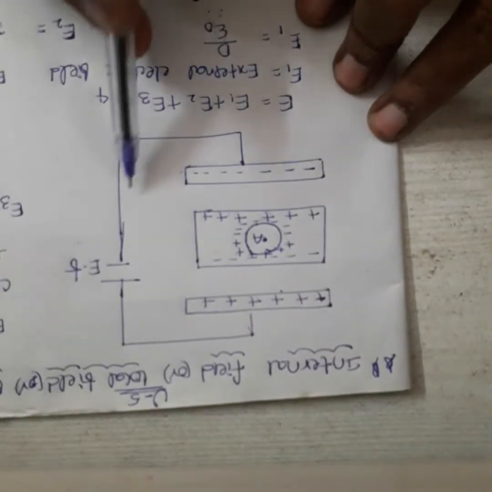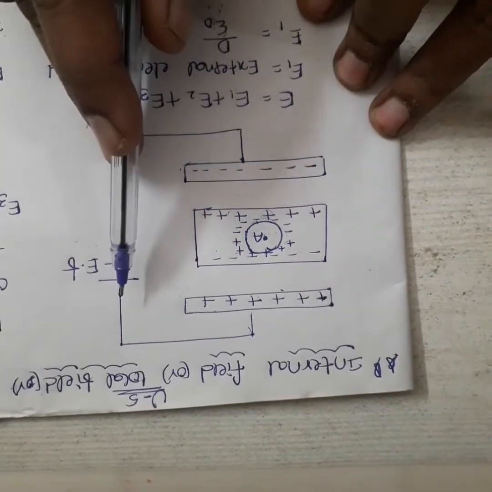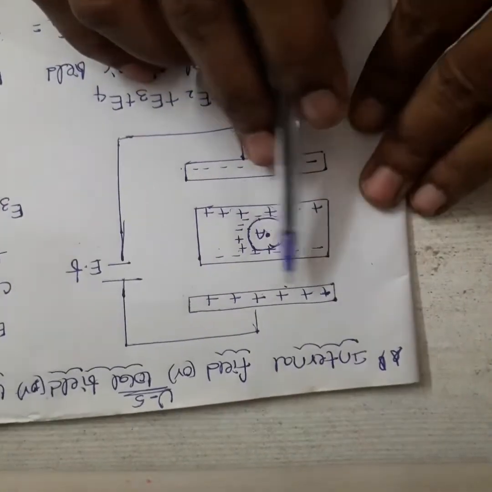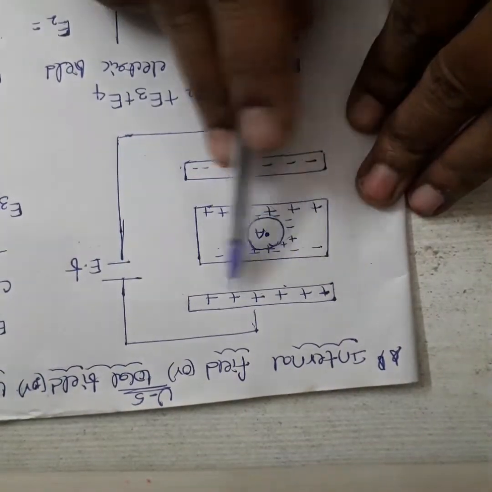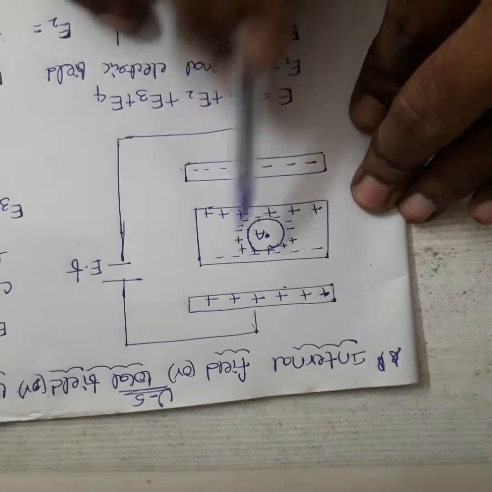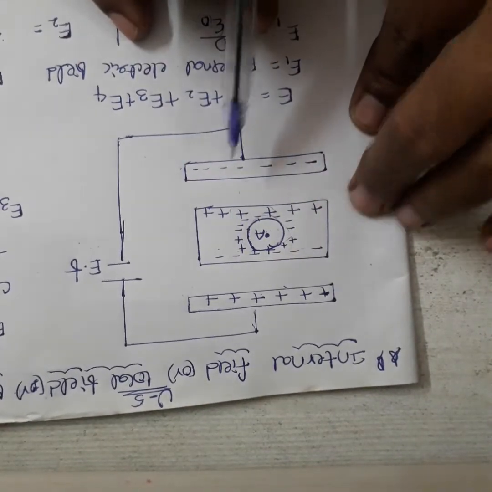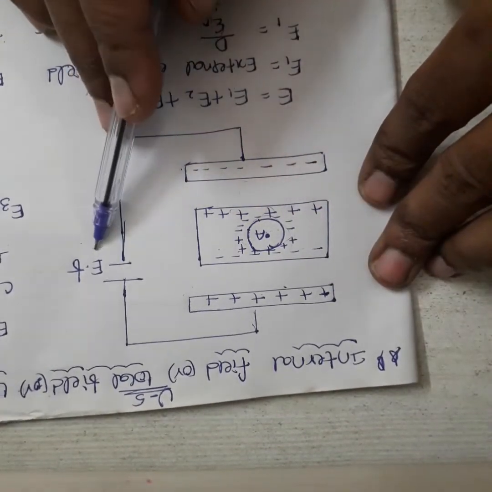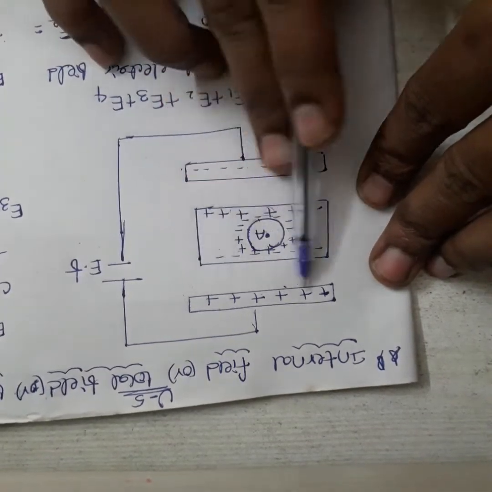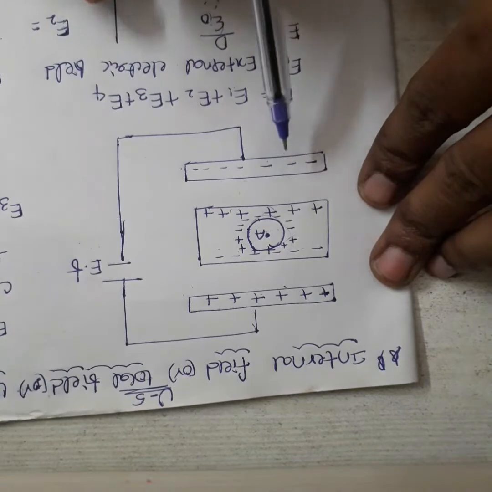E1 is the external electric field and E2 is the field due to charge induced on the 2 plates. Here these two are the parallel plates. E1 is the external electric field and E2 is the field due to charge induced on the parallel plates.